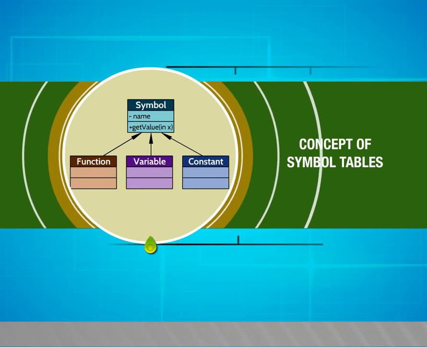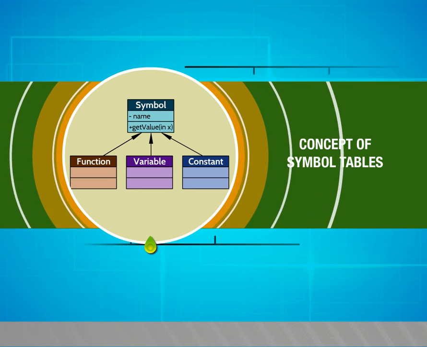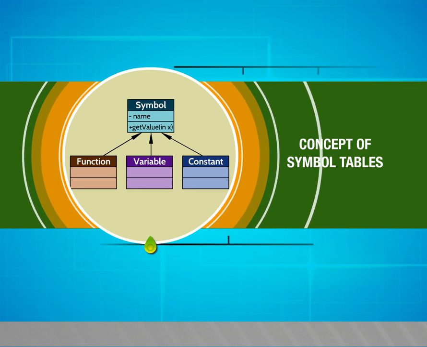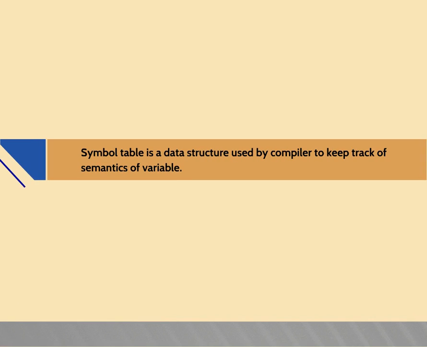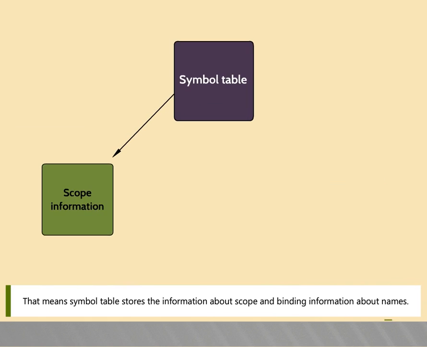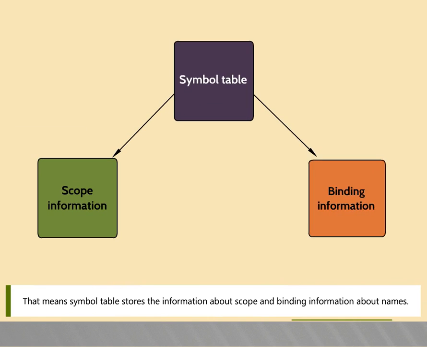Concept of symbol tables. In this video, we are going to see about concept of symbol tables. Symbol table is a data structure used by compiler to keep track of semantics of variable. That means symbol table stores the information about scope and binding information about names.